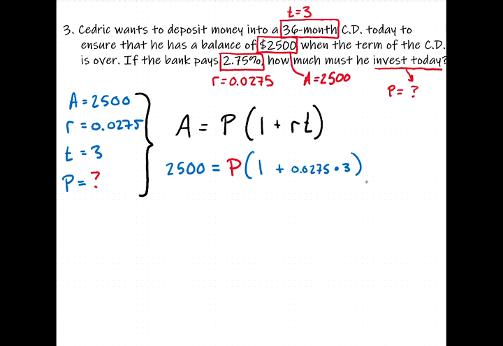Now we have to solve this equation for P. Let's figure out this number first. We'll pop that into the calculator: 1 plus 0.0275 times 3. For that, we'll use Desmos as always.